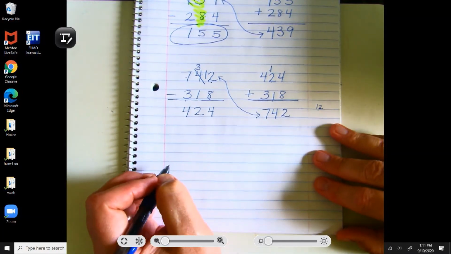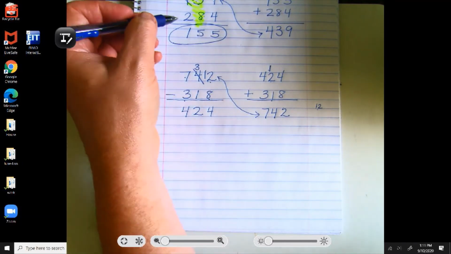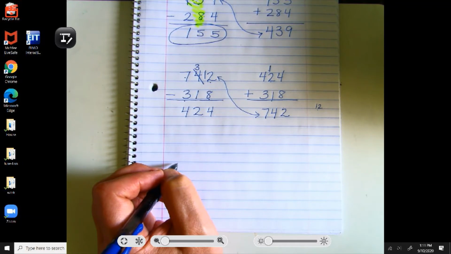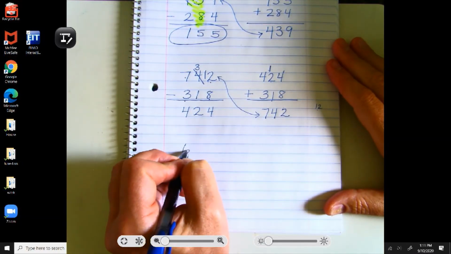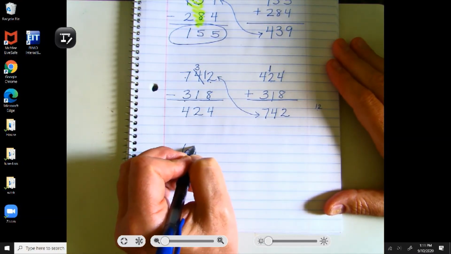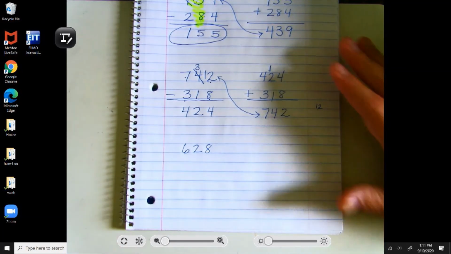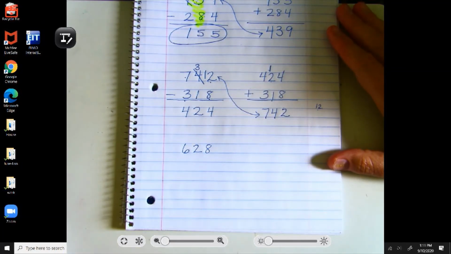One more. Let's see. We've had M&Ms. We've had markers. Can you think of what this last one could be? All right. I have 628 rocks in my rock collection.